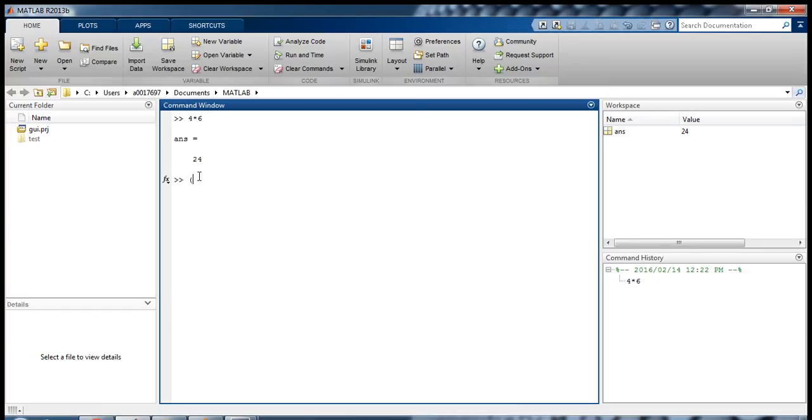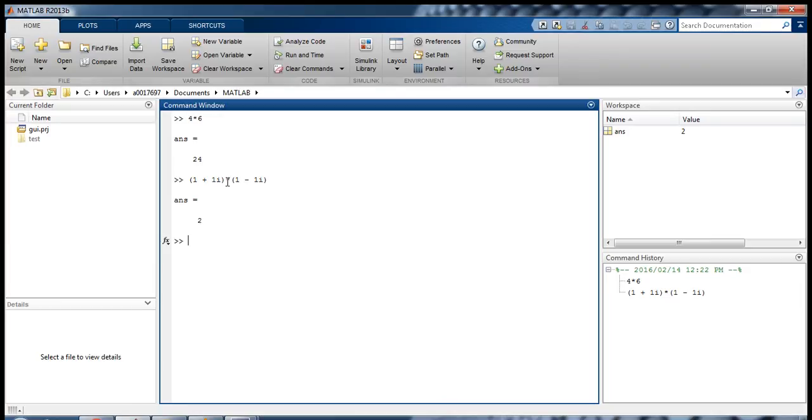If I had imaginary numbers, 1 plus 1i times 1 minus 1i, now MATLAB recognizes that I'm multiplying two complex numbers together, and then complex arithmetic kicks in, and I get the correct answer.